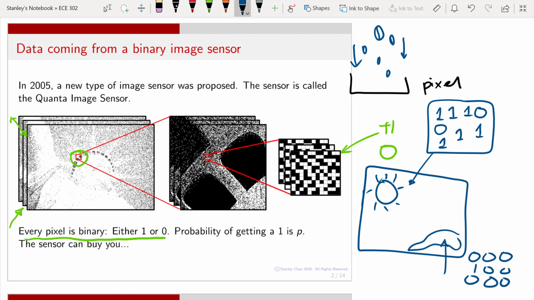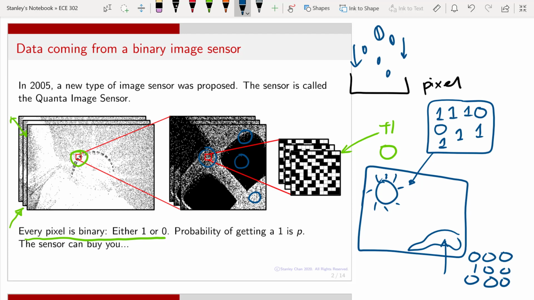Like in this image, you look at the Liberty statue, and then here you can see that there are lots of brighter pixels, and here you have darker pixels. The brighter pixels, you will have more ones, and then the darker pixels should have more zeros. Now, you're not guaranteed to get only the zeros or only the ones, because even in those bright regions, you will still have some zeros.